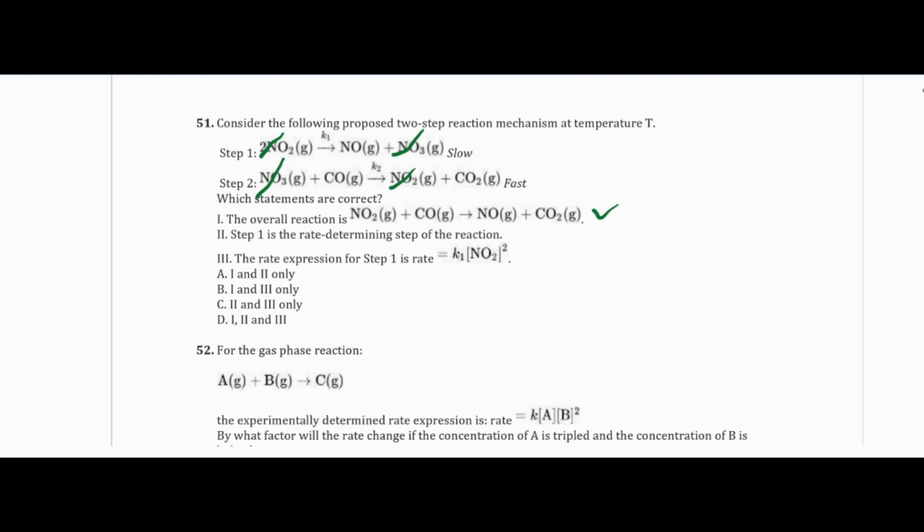Yeah, it's the slow step. The rate expression for step 1 is, yeah, that's right. We've got 2 NO2s. So that will be D. All of them are correct. Very rarely happens to get all of them.